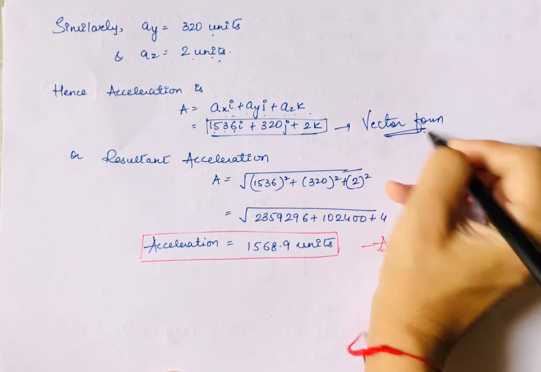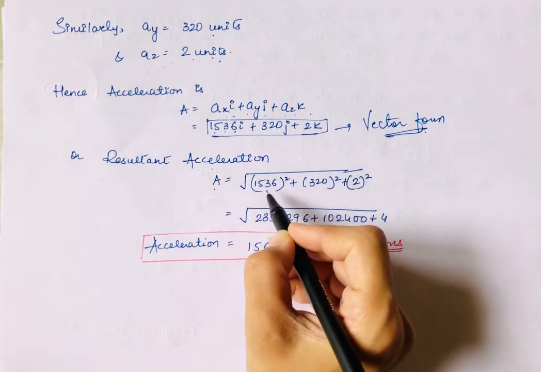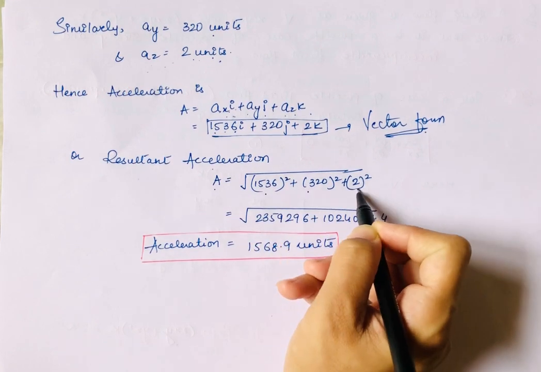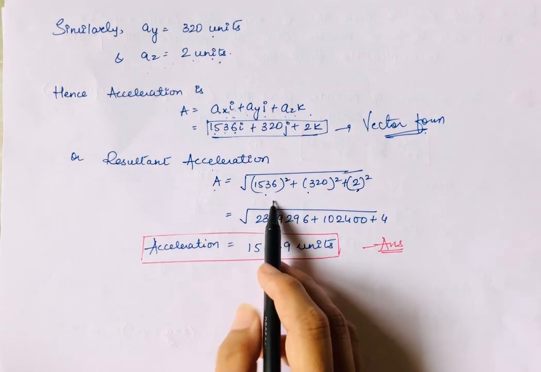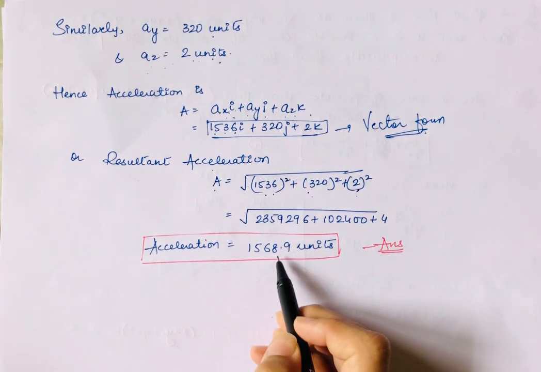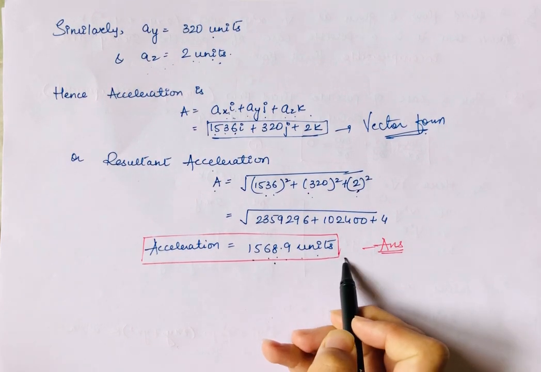Now we are required to find the resultant acceleration a, which is the square root of ax square plus ay square plus az square, as we studied in the theory. So the square root of these values will give us the resultant acceleration as 1568.9 units.